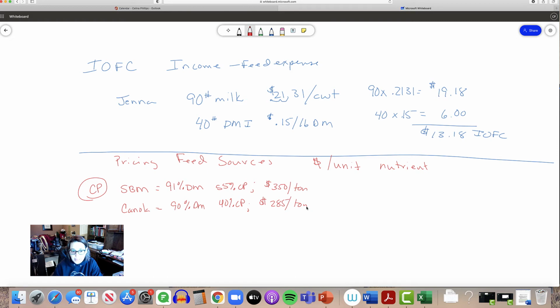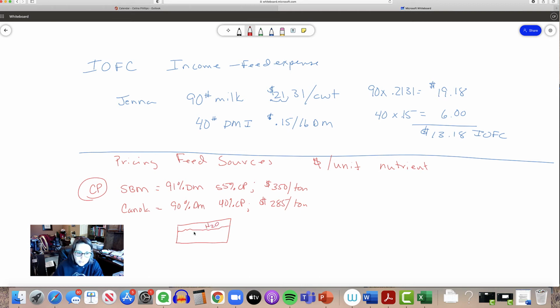Gut instinct may say, okay, that canola is cheaper. It's $2.85 versus $3.50. But what we really want to base our decision on is, say we're buying a ton of this feed. We know that some of it is water.